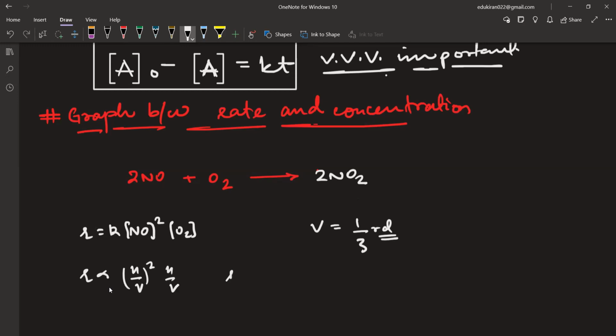Now you can see that R is proportional to 1 upon V cube, correct? So V is 1/3, so V by 3 whole cube. R will be 27 times, because 3 cube is 27, and a 1 upon V.